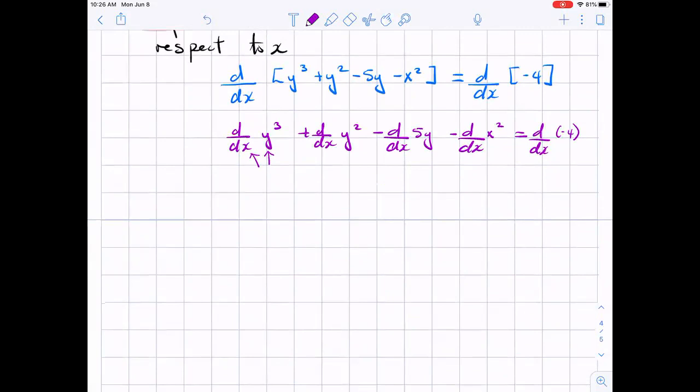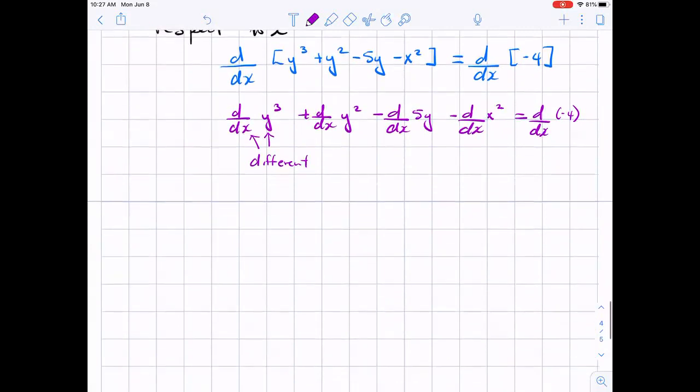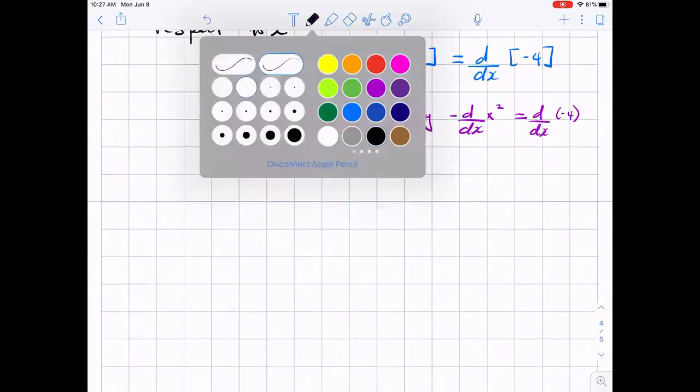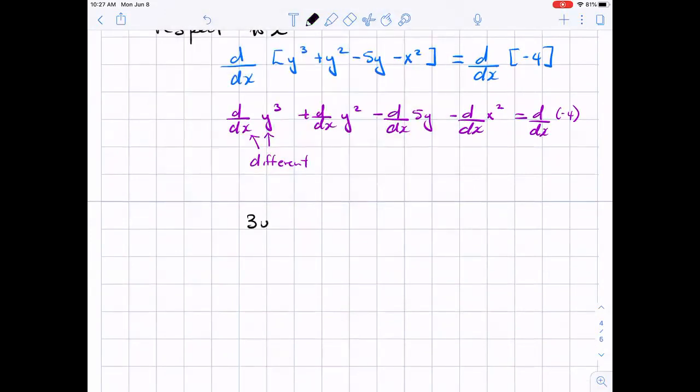So let's differentiate. Notice the variables here are different, so we have to use the chain rule. So if we differentiate that, we have 3y squared. Because the variables are different, we end up with dy dx. Notice here the variables are also different. So we have plus, we're going to differentiate 2y, but we have to get dy dx.